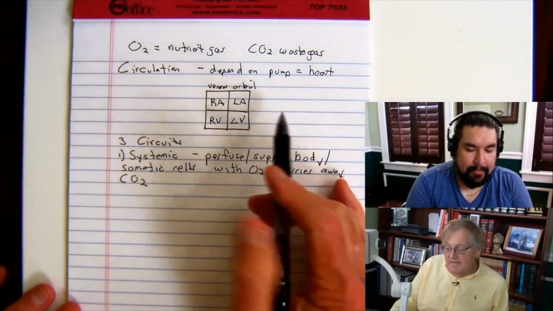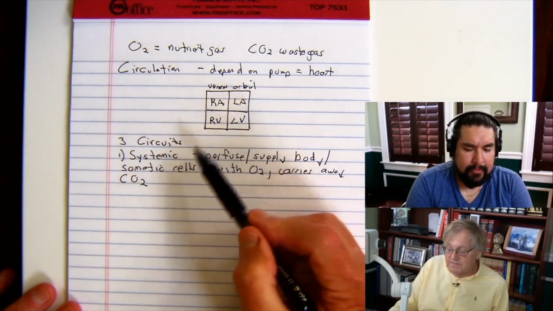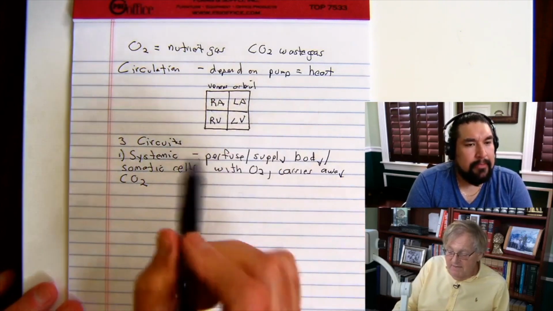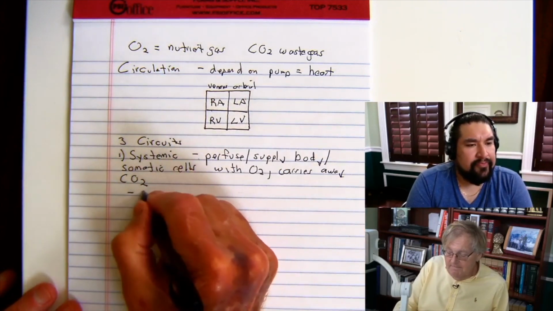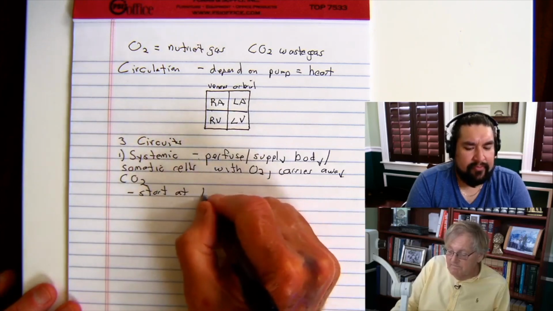If we say that this is arterial blood over here, then the systemic circuit is in effect going to start at the left ventricle.